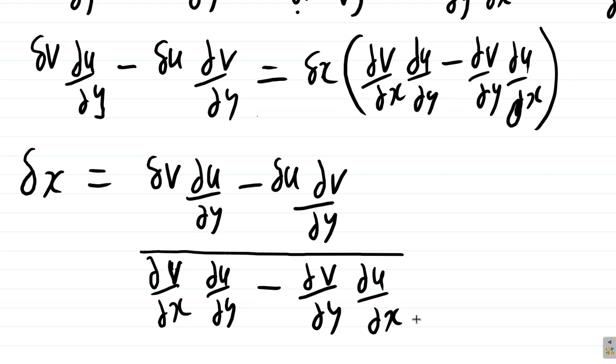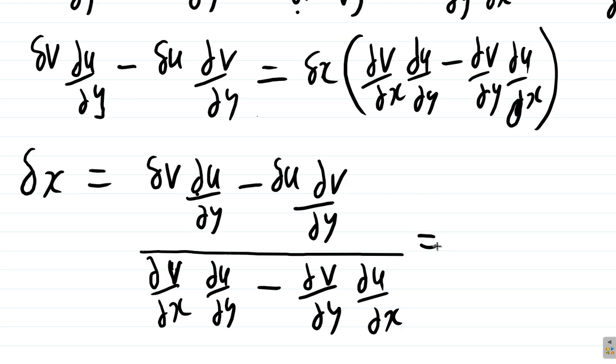Alright, so that is del x. It is delta u by delta y times a small change in v minus delta v by delta y, small change in u, over all of this.